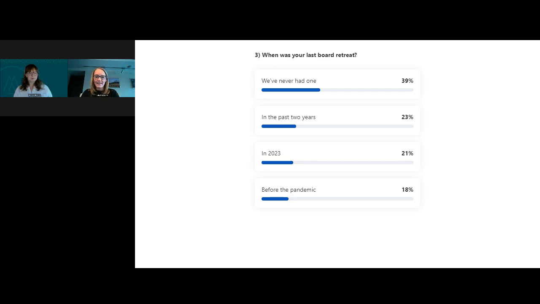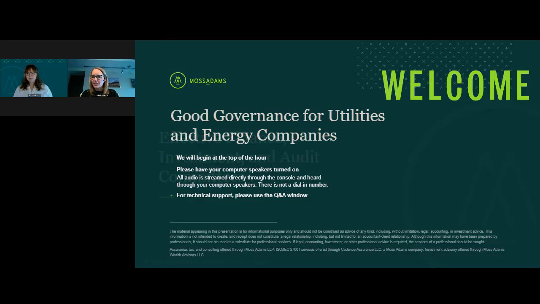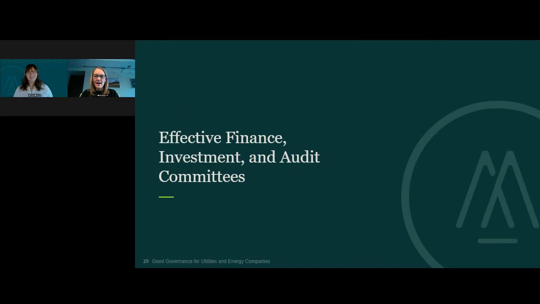Okay, let's get into, and this might be a little much on some of the slides, there's a lot of different committees that you can have, and we're not trying to say that you have to have every one of these. But one of the things that is really effective in a board, both from everybody having a different background and knowledge base, to being able to get smaller groups working a little bit deeper into issues, is the question of finance, investment, and audit committees.